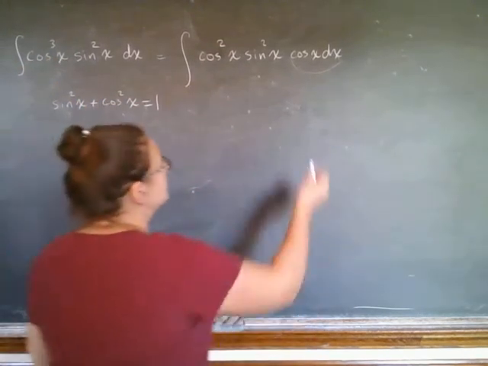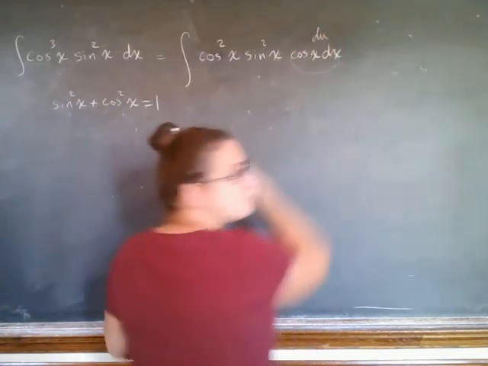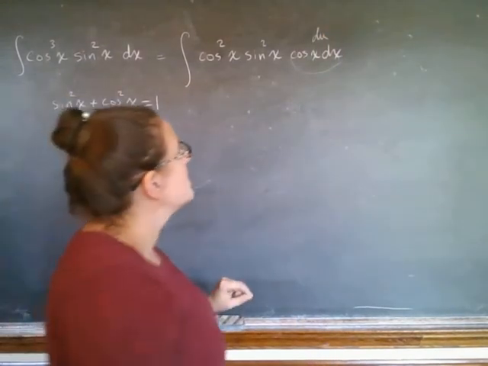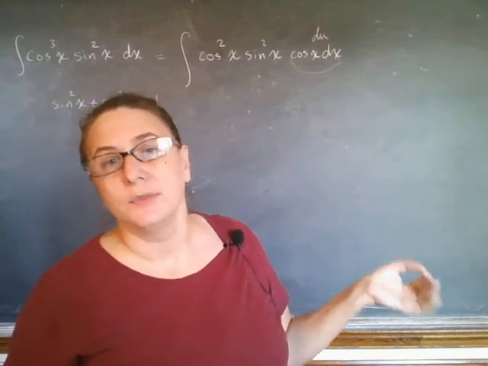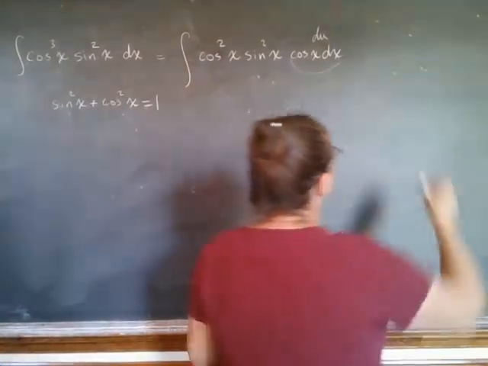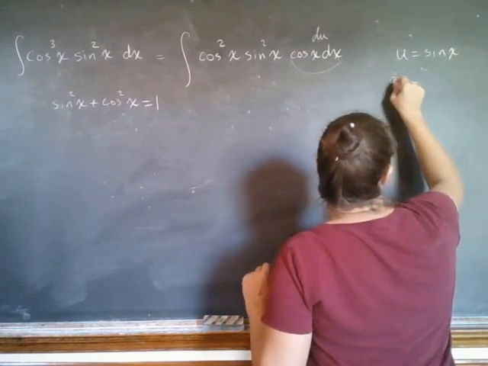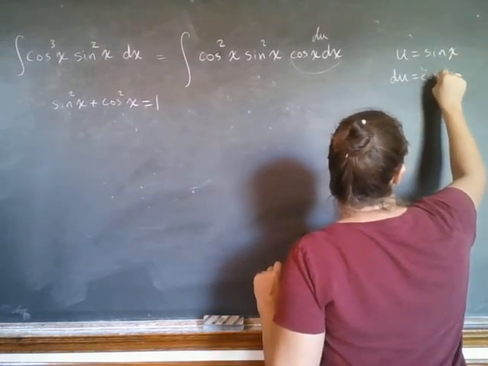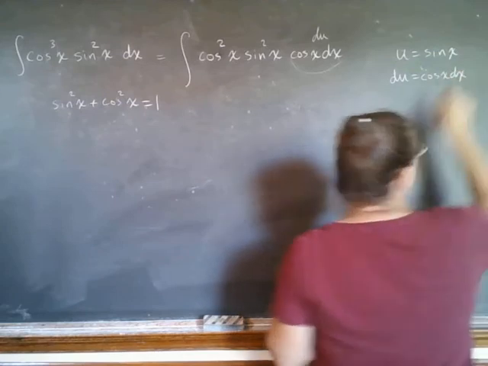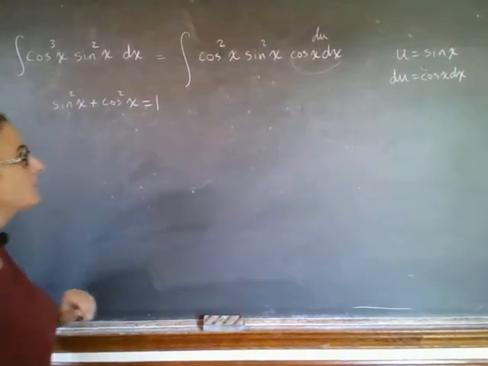This is going to be my du. Okay? So if du is cosine, then u is going to have to be sine. So u equals sine x. Du is cosine x dx. That's what I'm looking for.